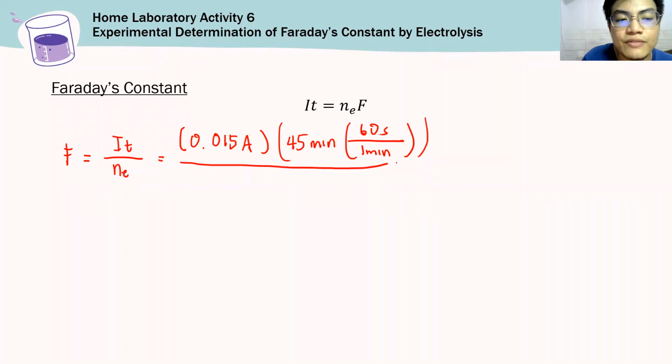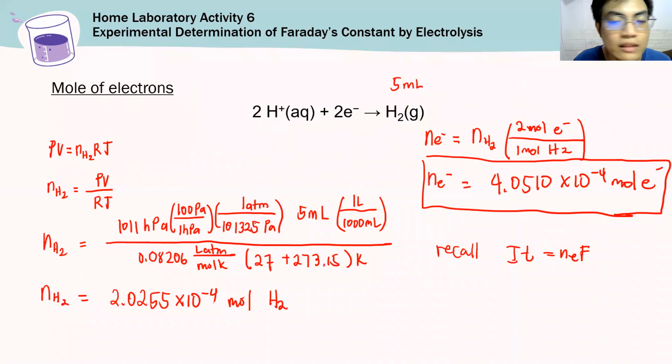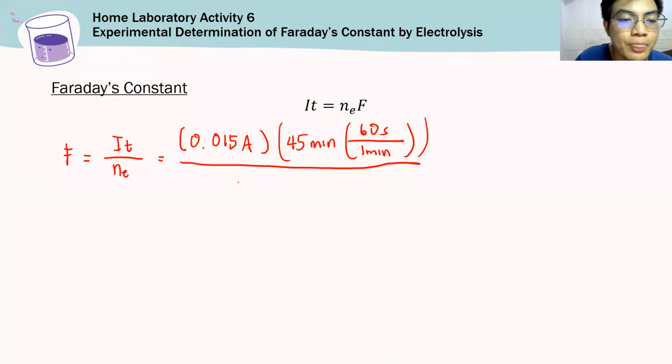And then you have to divide it by the moles of electron. So the moles of electron I obtained from the previous calculation is 4.051 times 10 raised to negative 4 moles. Now I can solve for the Faraday's constant.